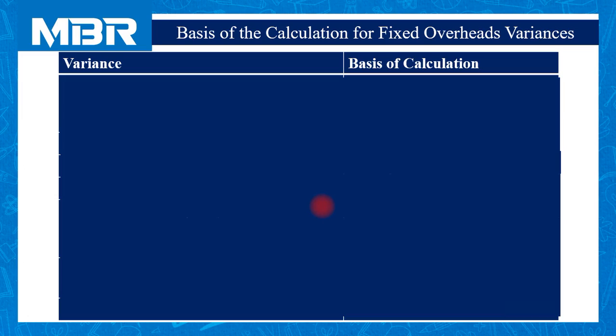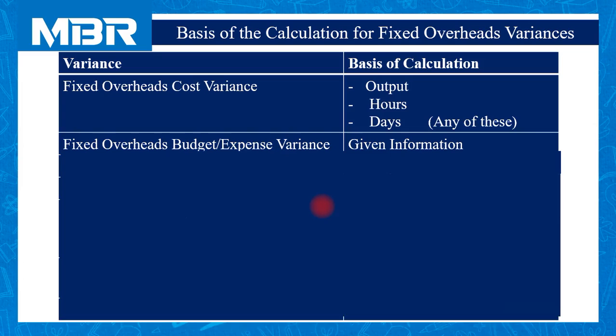So let us clear the basis of the calculation for fixed overhead variances. This particular discussion is most important for you, because from it you will come to know which budgeted rate is applicable in the calculation, because we will calculate different budgeted rates. Let us start.